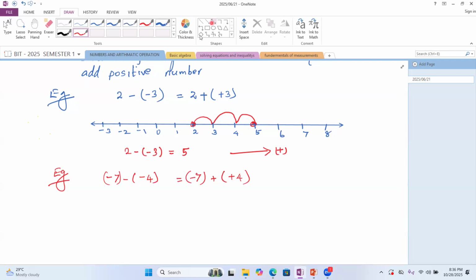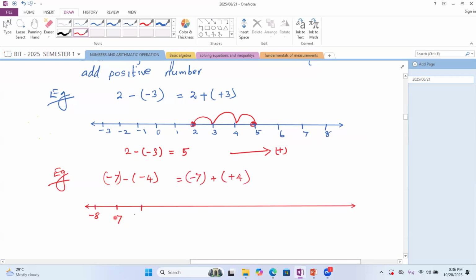So first we write the number line: -8, -7, -6, -5, -4, -3, -2, -1, 0, 1, 2. Right?